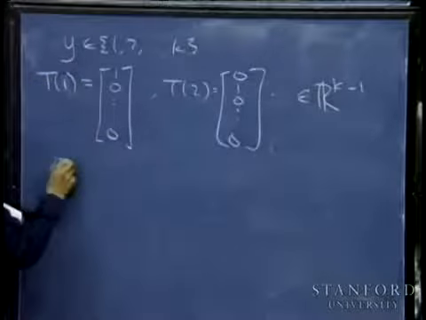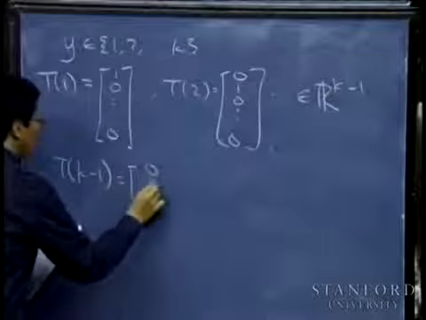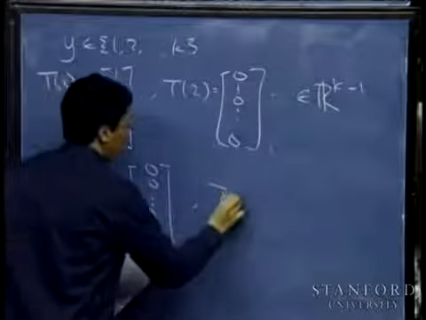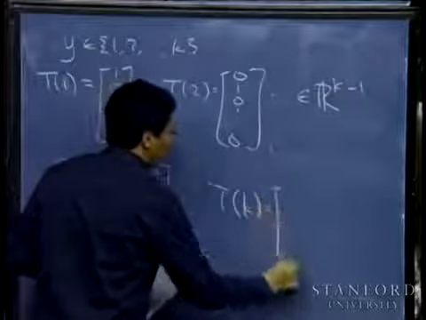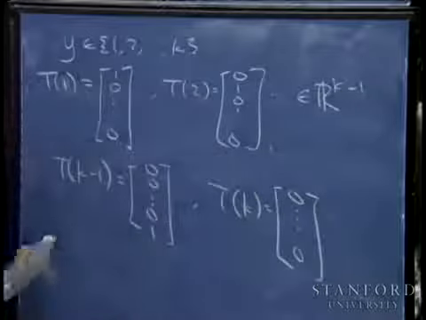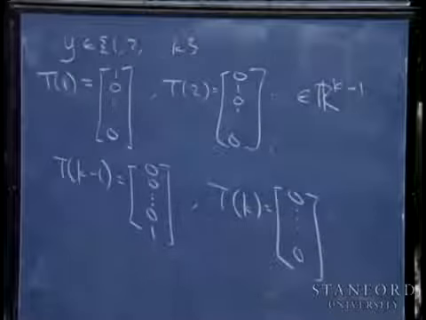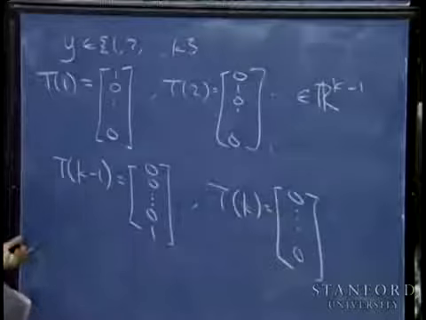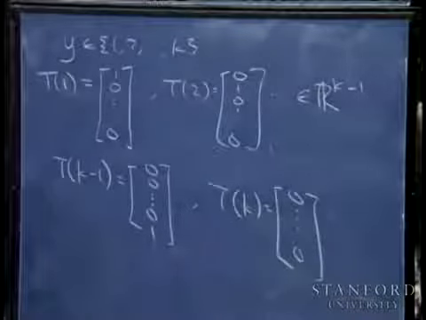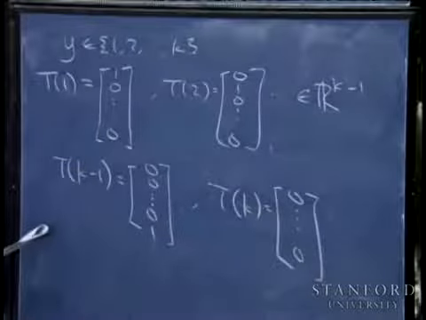Okay? And so t of k minus 1 is going to be 0, 0, 0, 1, and t of k is going to be the vector of all zeros. Okay? So this is just how I'm choosing to define t of y to write down the multinomial in the form of an exponential family distribution. Again, these are k minus 1 dimensional vectors.